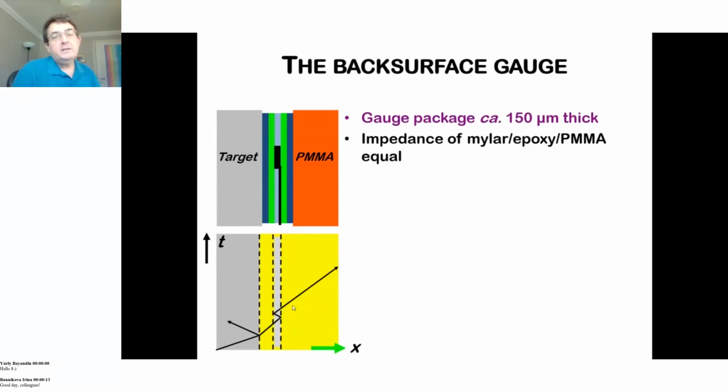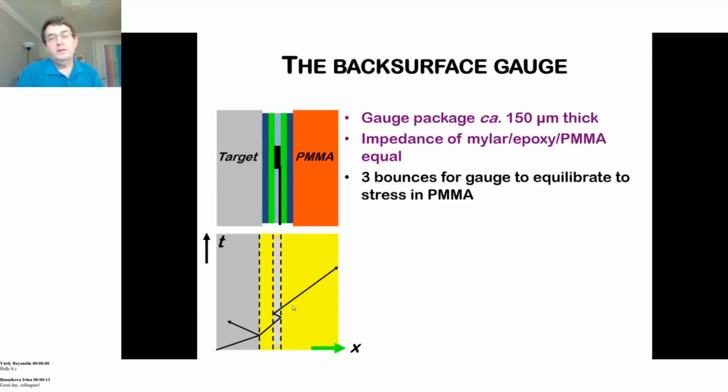And 3 bounces for the gauge to equilibrate to the stress in the perspex, no longer the stress in the target. If we look at that XT diagram, we see the wave coming in from the left, reaches that interface. Some energy is transmitted, some is reflected back into the target.